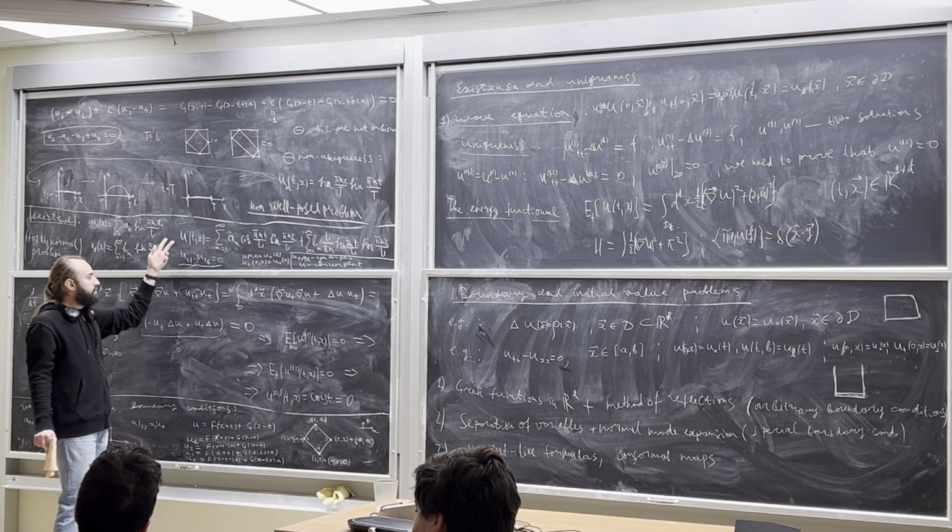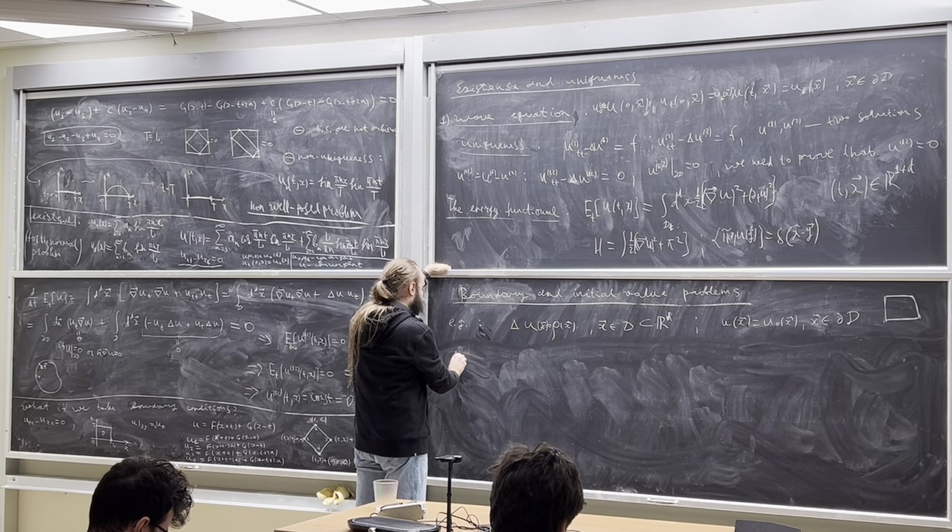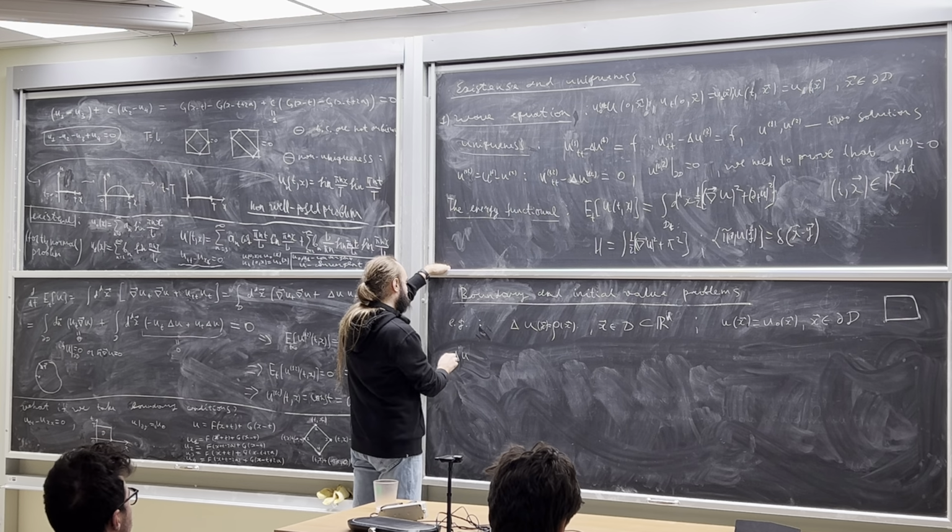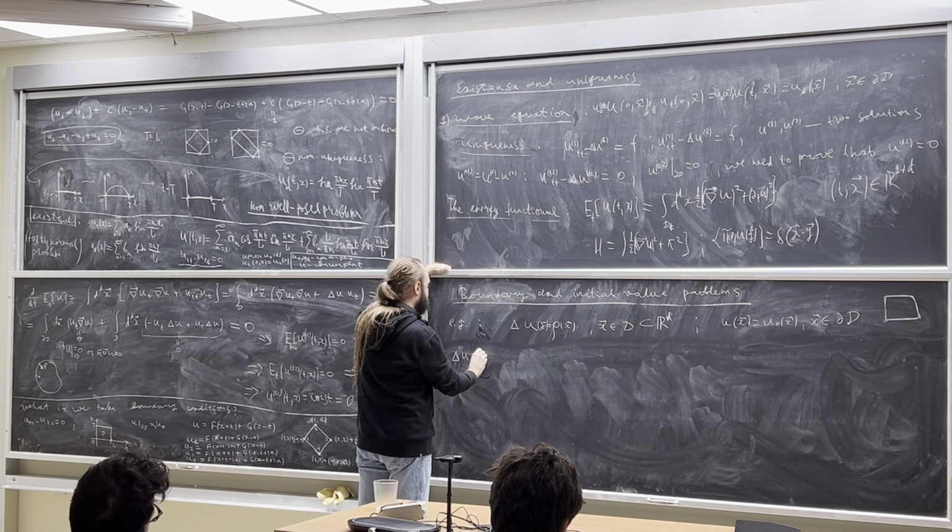So the simplest way to think about this, if you want to repeat these arguments, is to say that we need to find a solution for the Poisson equation, Laplacian of u equals 0, with boundary conditions. Or let us say, for simplicity, that u on the boundary of D equals 0.